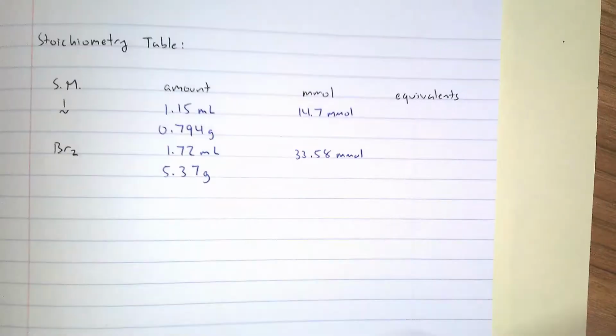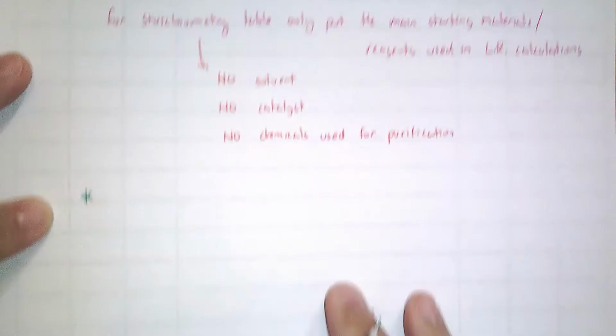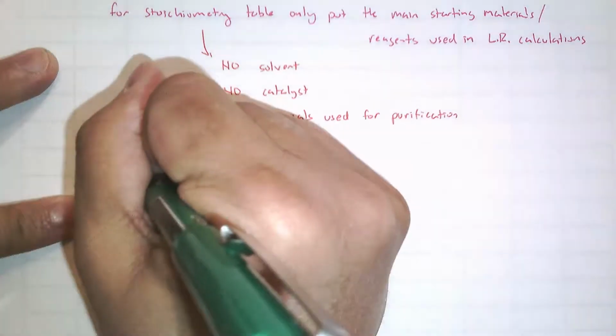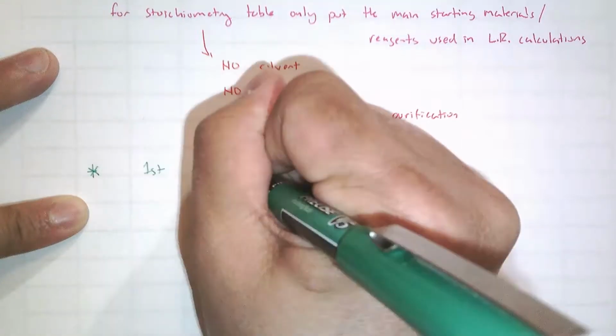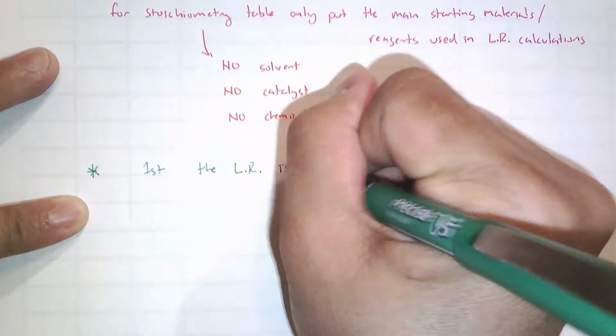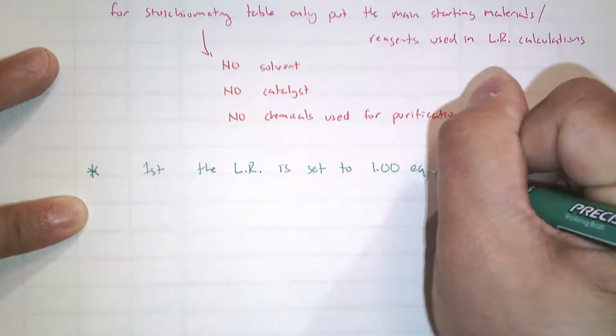So here's the deal with equivalence. And let me give you the rule that should help you out. First of all, the limiting reactant is set to 1.00 equivalents.